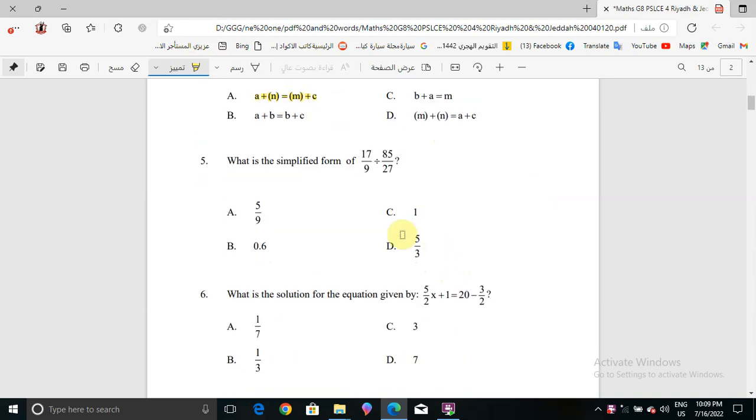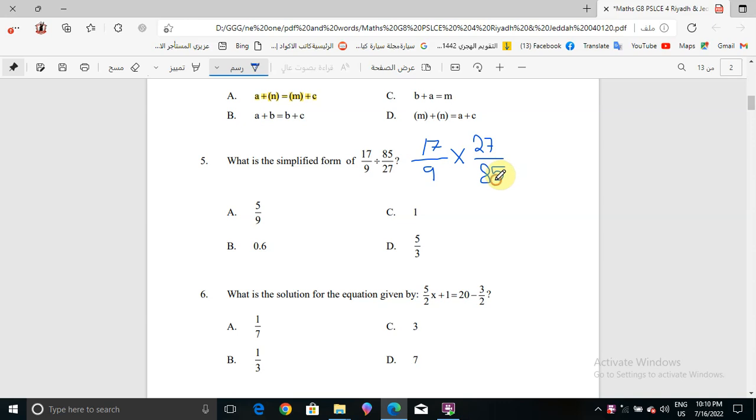Now question number 5 is asking what is the simplified form of 17 over 9 divided by 85 over 27. First of all, it will be 17 over 9. Then when you change division into multiplication, you flip 85 over 27 to 27 over 85.